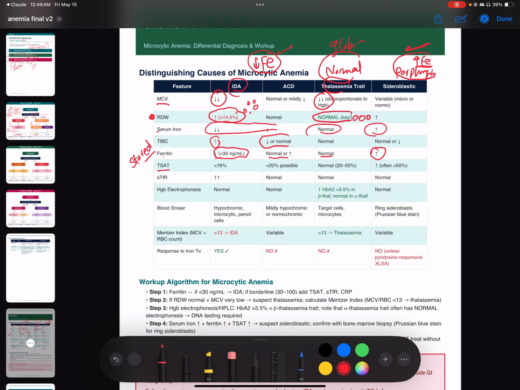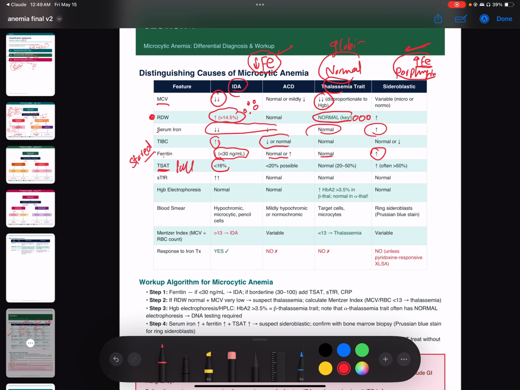Then the TSAT, which reflects how full the transferrin is with iron. Of course, it will be low in iron deficiency anemia because those seats on the transferrin are not full, not saturated, because you have iron deficiency.